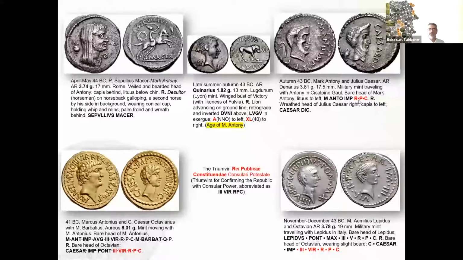So the legend here is interesting to pay attention to. So the triumviri rei publicae constituendae, consulare potestate. So 3 words for confirming the republic with consular power, and it is abbreviated as III VIR RPC.